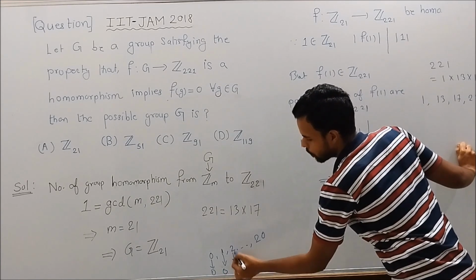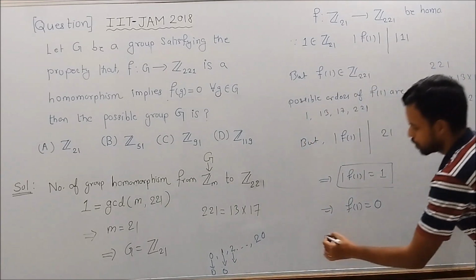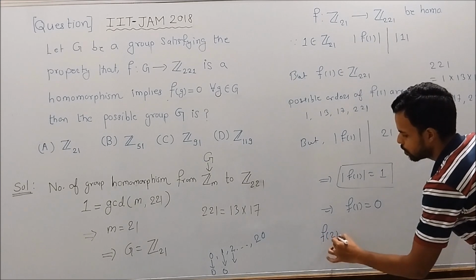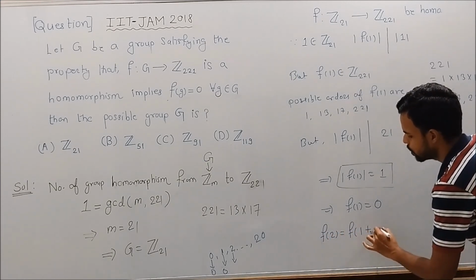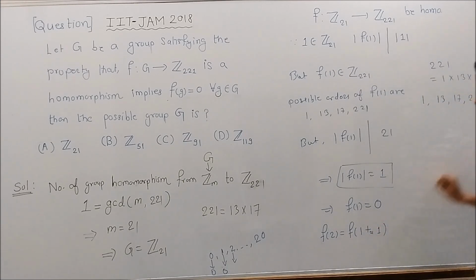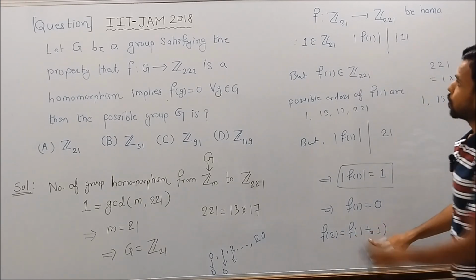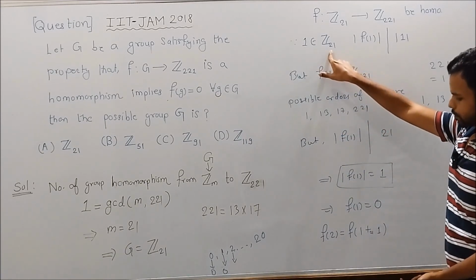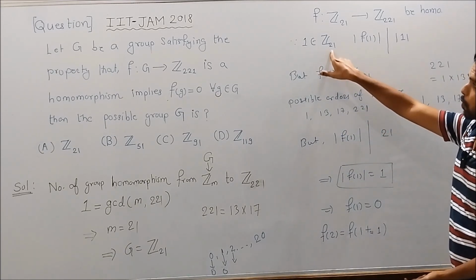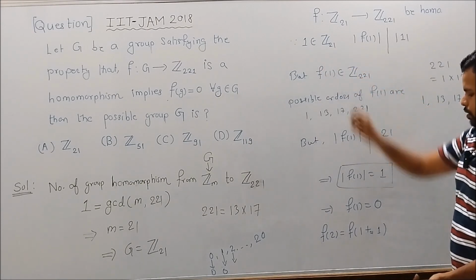Now we will determine the image of 2. What is the image of 2? f of 2 equals f of 1 addition modulo 21 1, because 2 in Z21 can be written as 1 addition modulo 21 1.